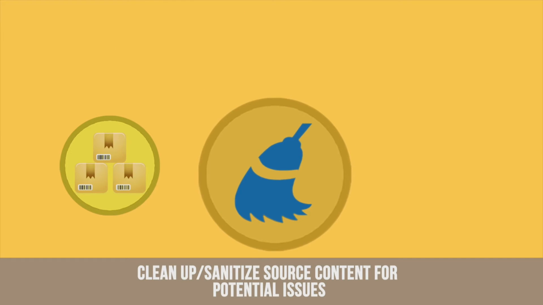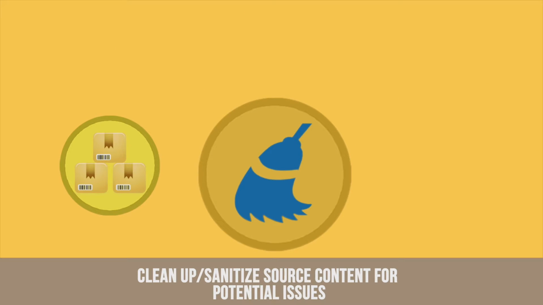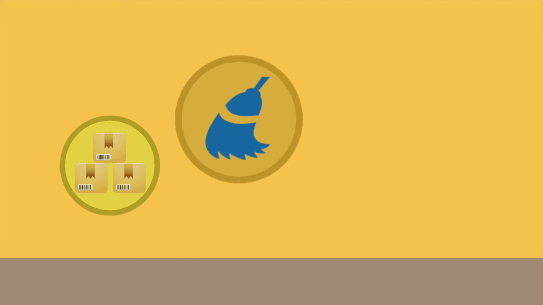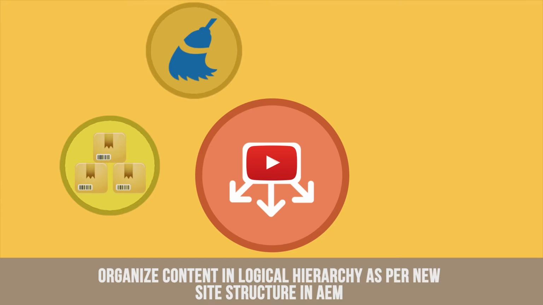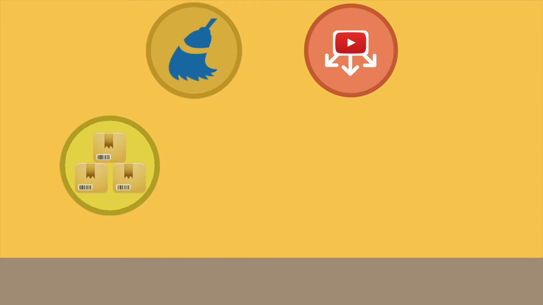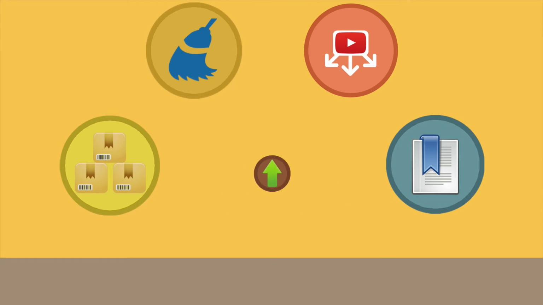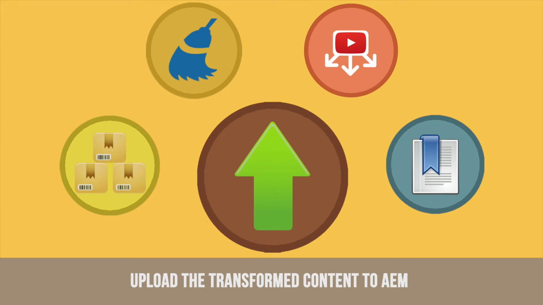Then, the next step is to clean up or sanitize source content for any potential issues such as encoding issues, broken links, tags mapping, preserving parent-child relationship etc. Step 3 is to organize content in a logical hierarchy, as per the new site structure in AEM. In step 4, we need to ensure that URLs and bookmarks work after migration. In the final step, we upload this transformed content to AEM.